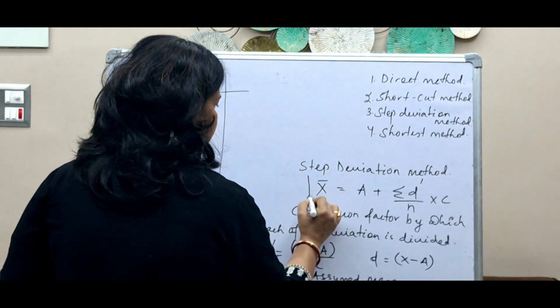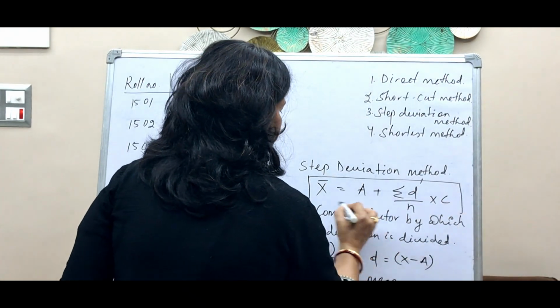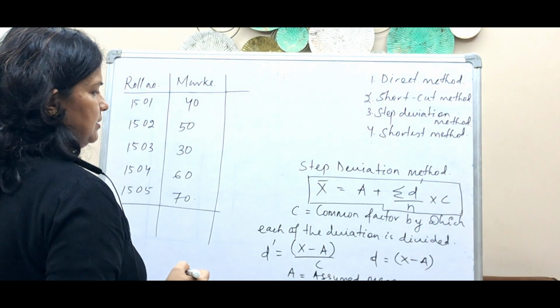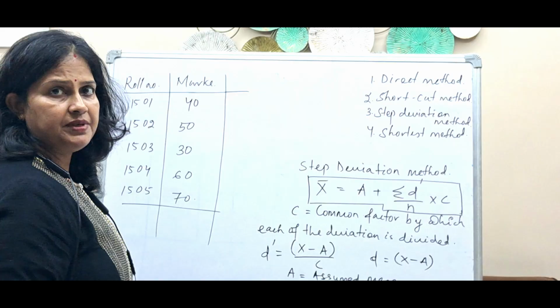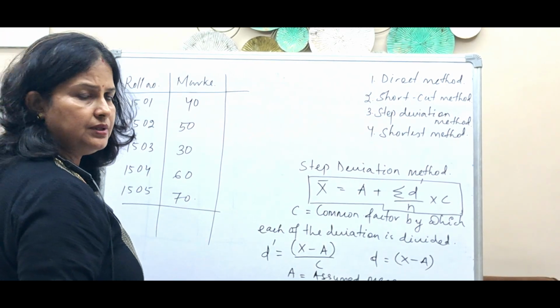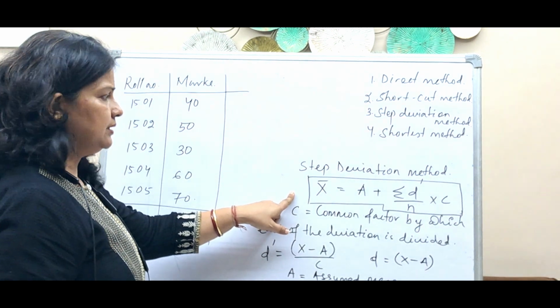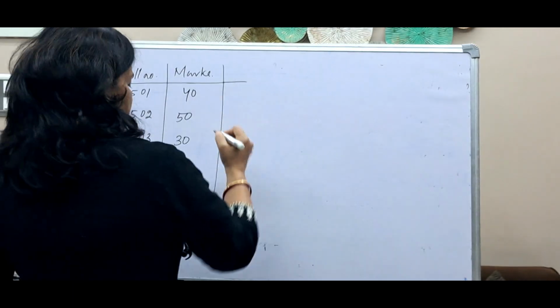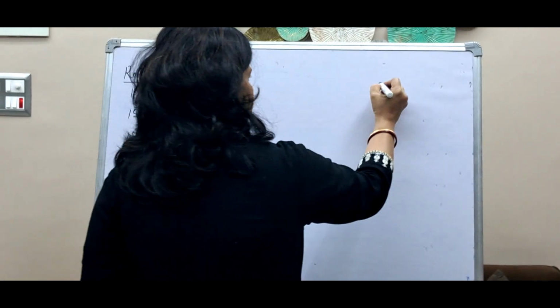So this is the formula to find our mean by step deviation method. Let us start how we will use this formula to find the mean. So I am writing the formula once again.